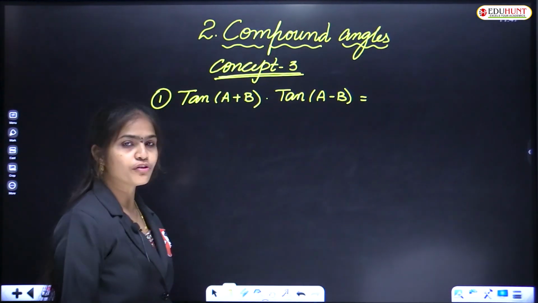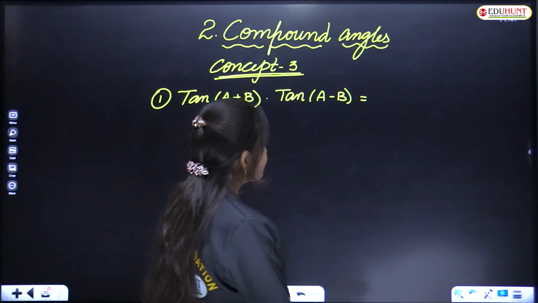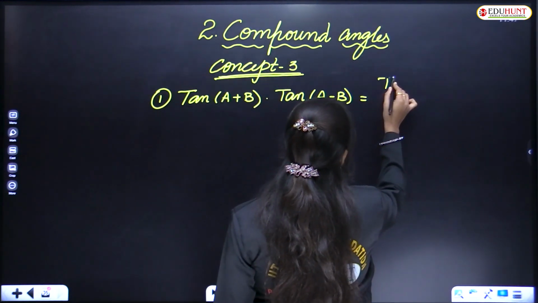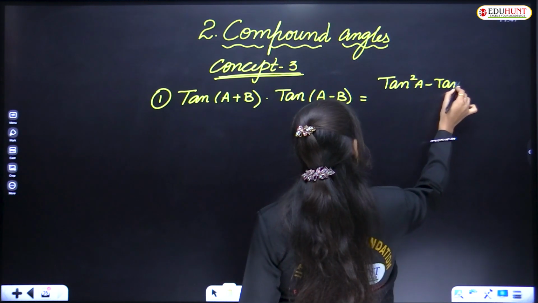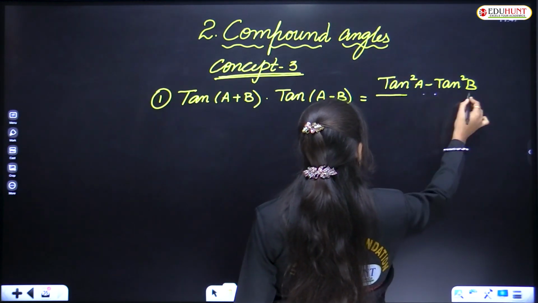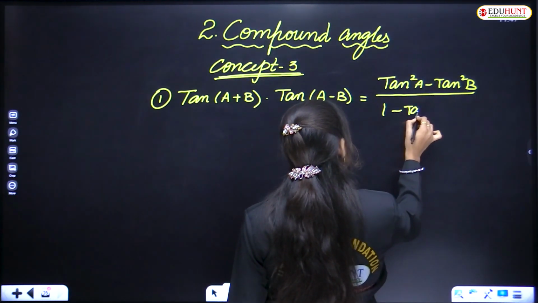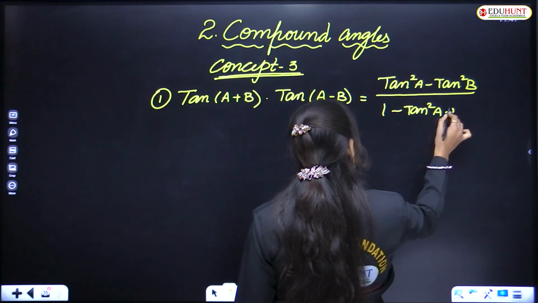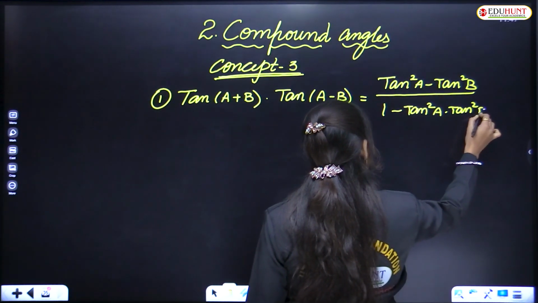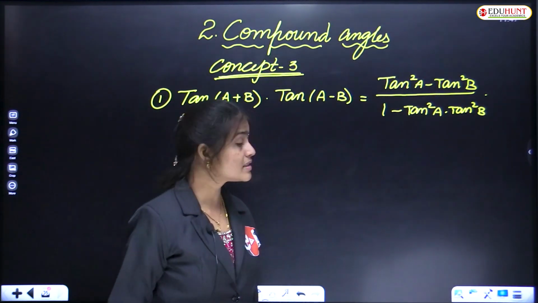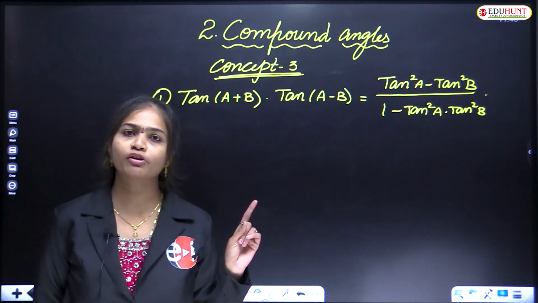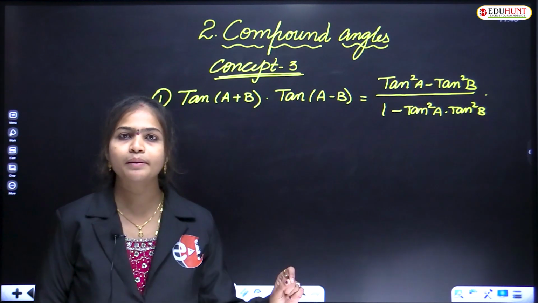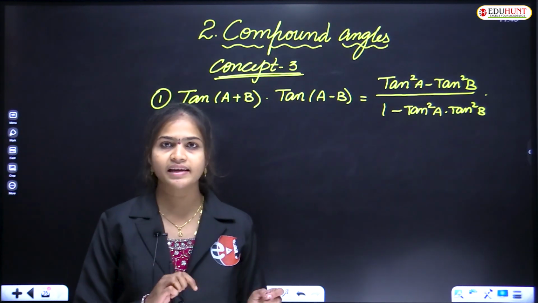Tan of a plus b into tan of a minus b is equal to tan square a minus tan square b, by 1 minus tan square a into tan square b. Read this carefully. We know the formula for tan of a plus b: tan a plus tan b by 1 minus tan a tan b.